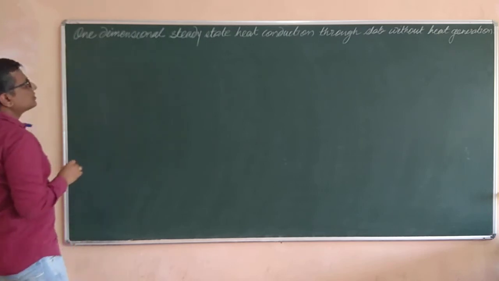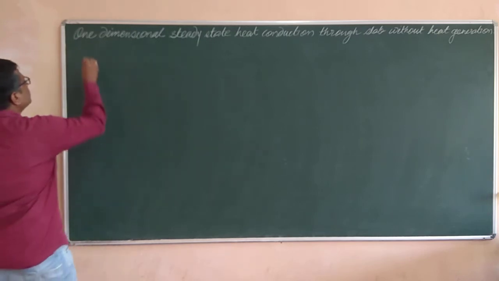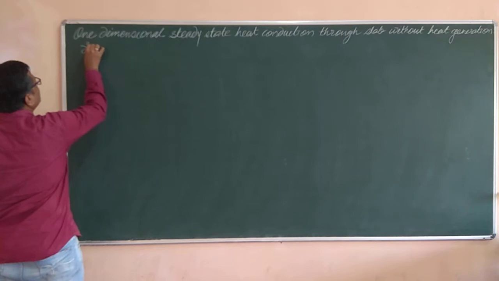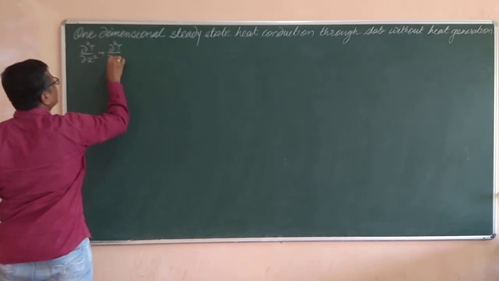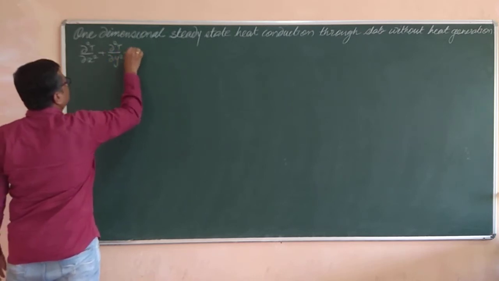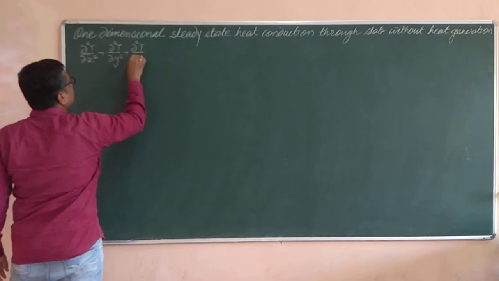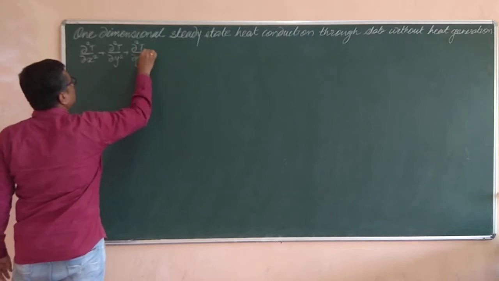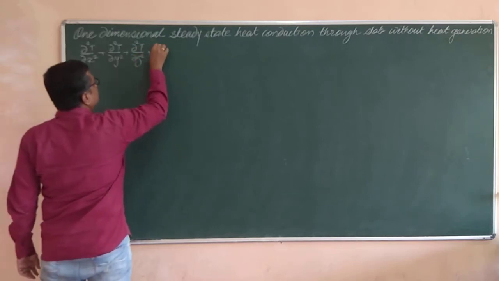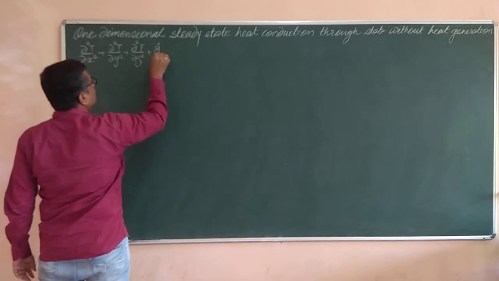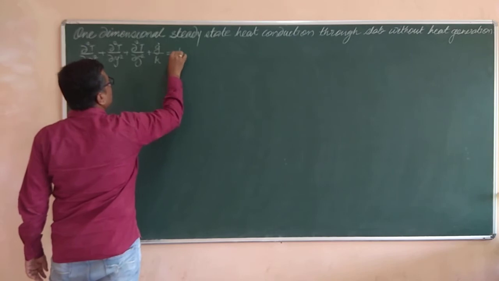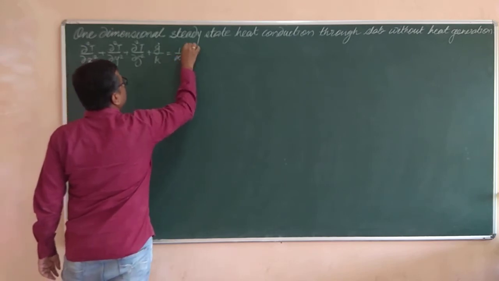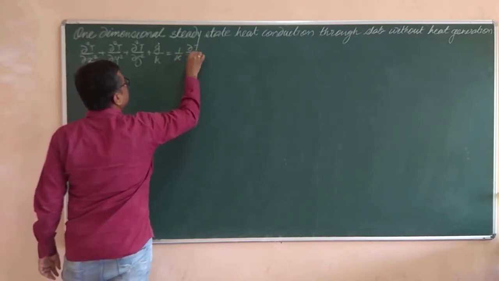if we take the material to be isotropic, then the equation will become ∂²T/∂x² plus ∂²T/∂y² plus ∂²T/∂z² plus the internal heat generation per unit volume, that is G dot divided by K, and that is equal to 1 by alpha into ∂T divided by ∂t.